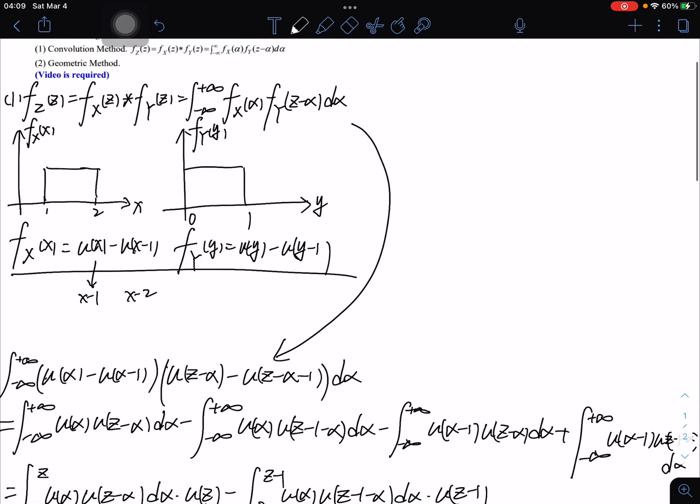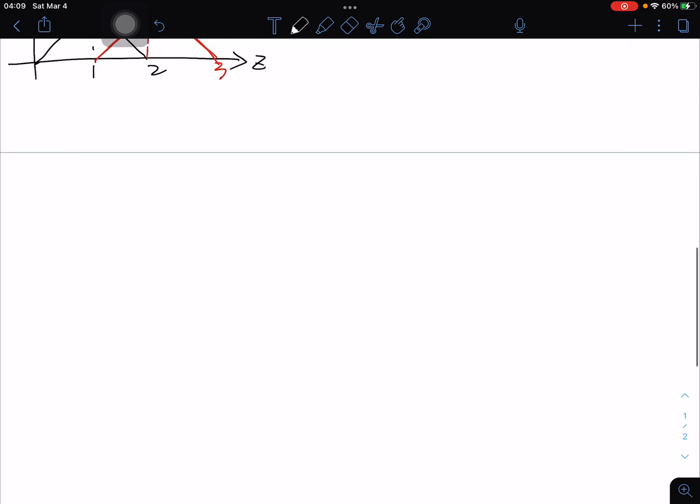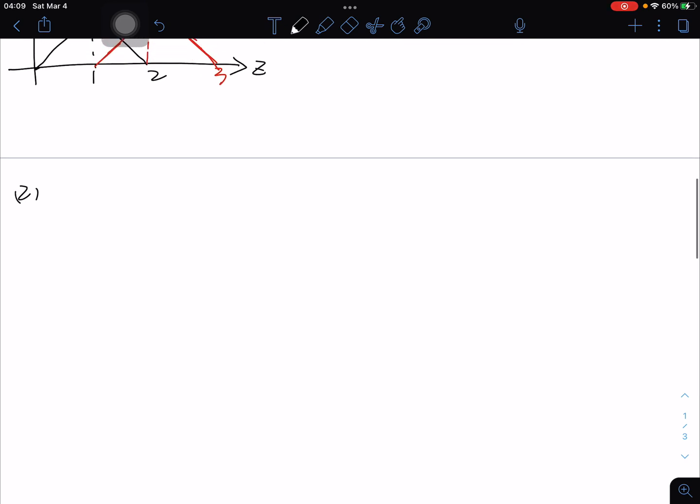Second, I will use the geometrical method. What is the geometrical method? We can use the setup from question 1 again: f_X equals u(x minus 1), f_Y equals u(y) minus u(y minus 1), right? Then right shift by 1 as the same.